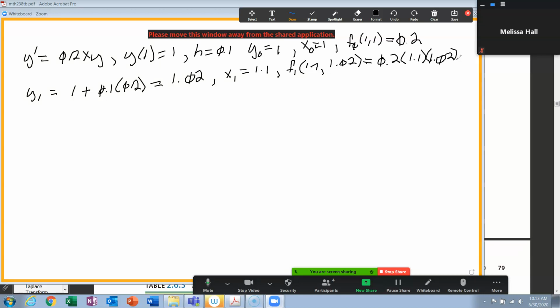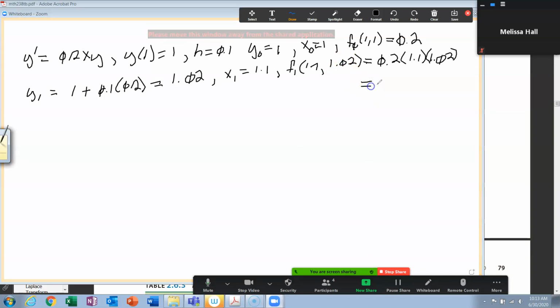That makes sense. It's pretty close to what it was before. It was 0.2 before, now it's 0.2244.